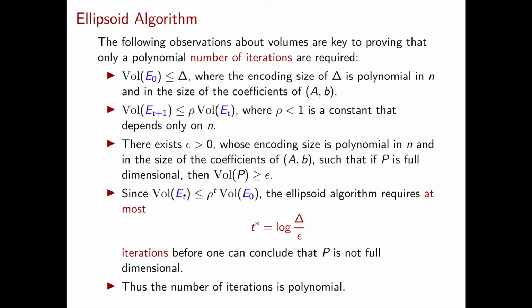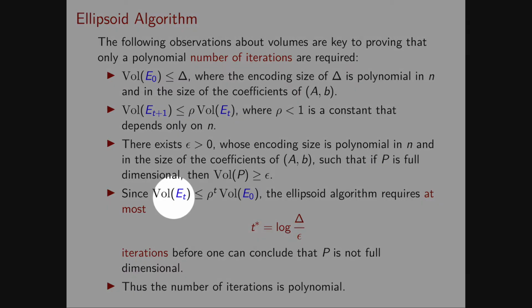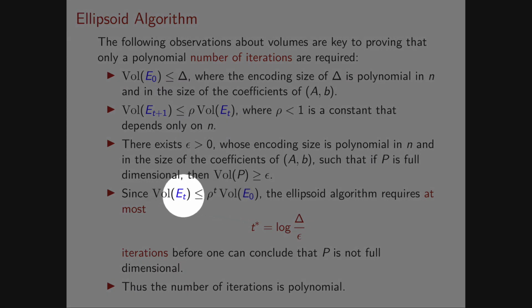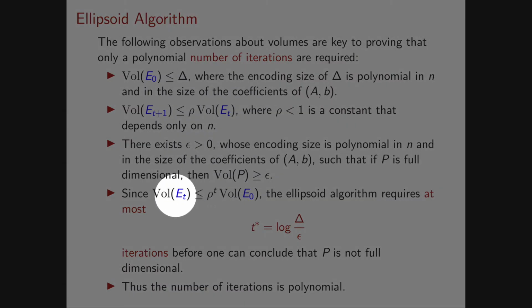In fact, at this point, the volume of the ellipsoid at iteration t is upper bounded by ρ to the t times the volume of the original ellipsoid, by just using these inequalities here. And then using this inequality, we're able to calculate how large t should be in order for the volume of E_t to become smaller than this epsilon.